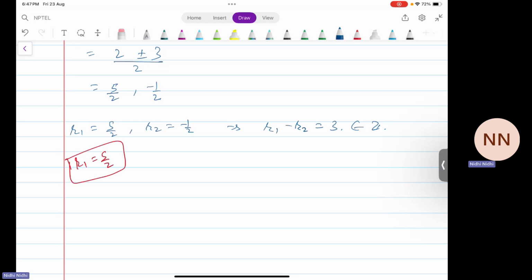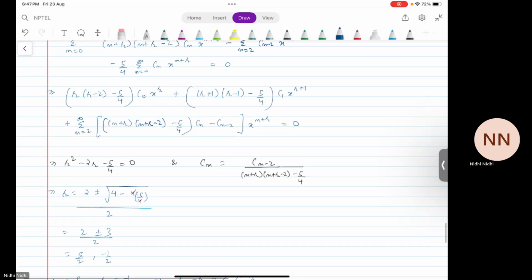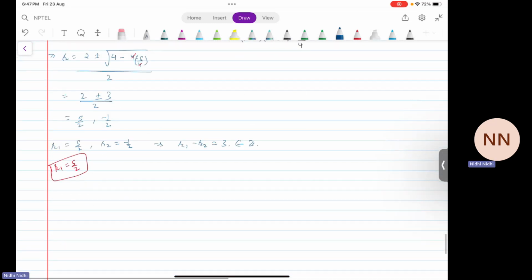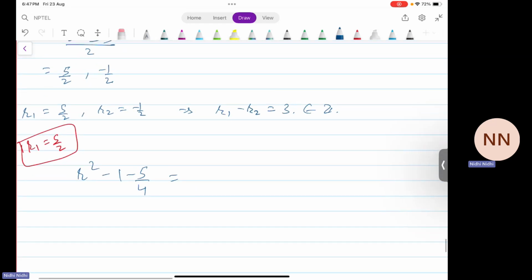Now let's start with the coefficient of c1. R square minus 1 minus 5 by 4 is equal to 25 by 4 minus 9 by 4, which is obviously non-zero. This implies C1 is 0.